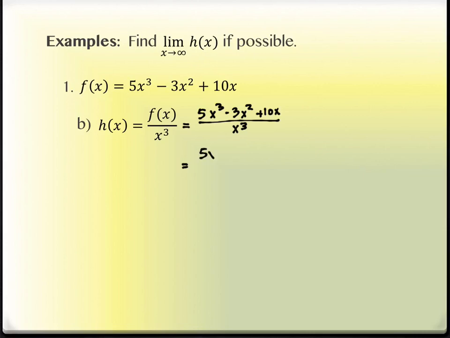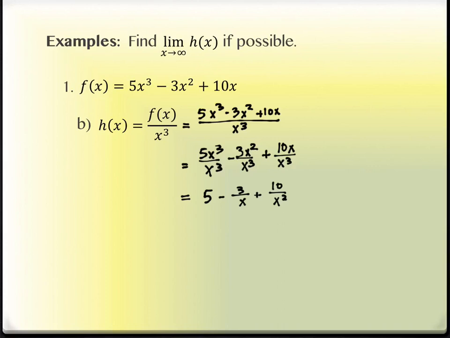So I have 5x cubed over x cubed, 3x squared over x cubed, and 10x over x cubed. And that will be 5 at the beginning, minus 3 over x in the middle, and then plus 10 over x squared at the end. Okay, is that algebra simplification okay?